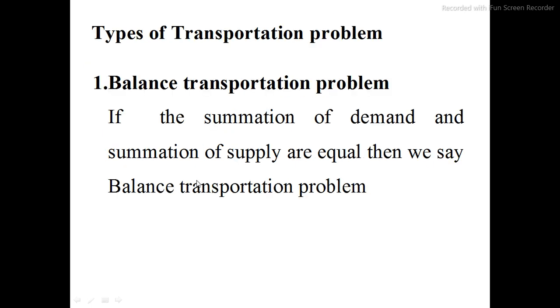Now, types of transportation problem. It depends on whether total supply is equal to total demand or not. If the total supply is equal to the total demand, then the problem is called a balanced transportation problem. If the summation of demand and summation of supply are equal, then we say balanced transportation problem.